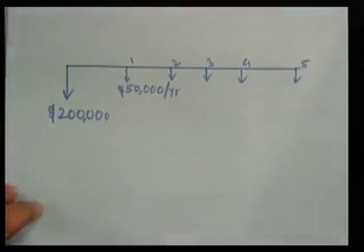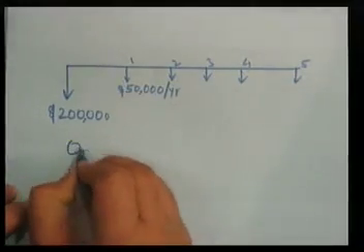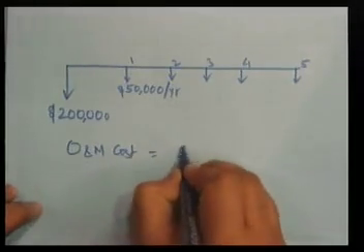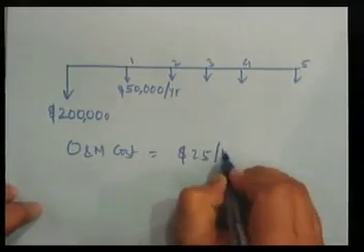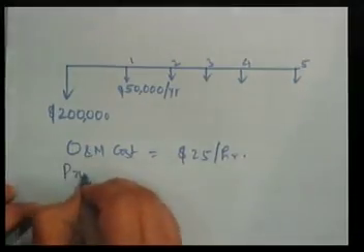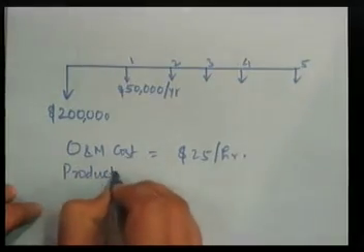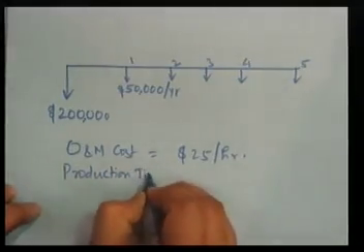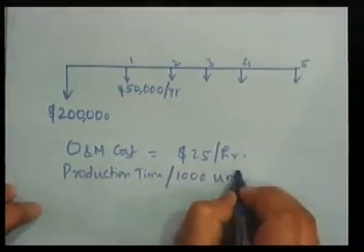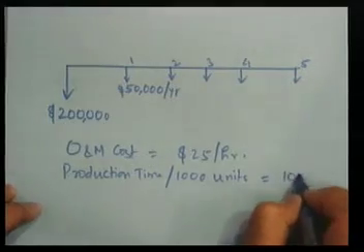Operating and maintenance cost is $25 per hour. Production time per 1000 units is equal to 100 hours.